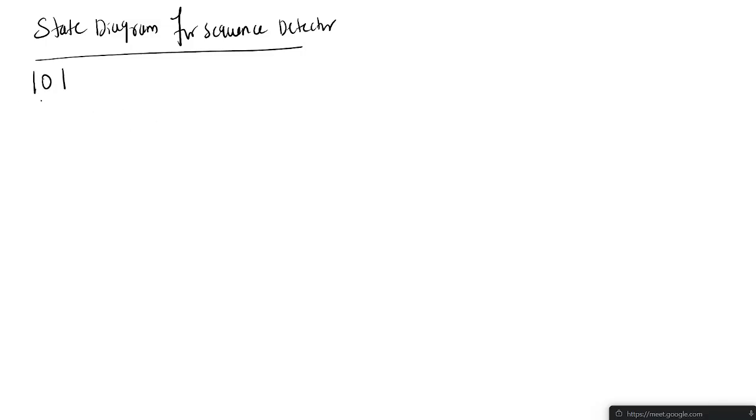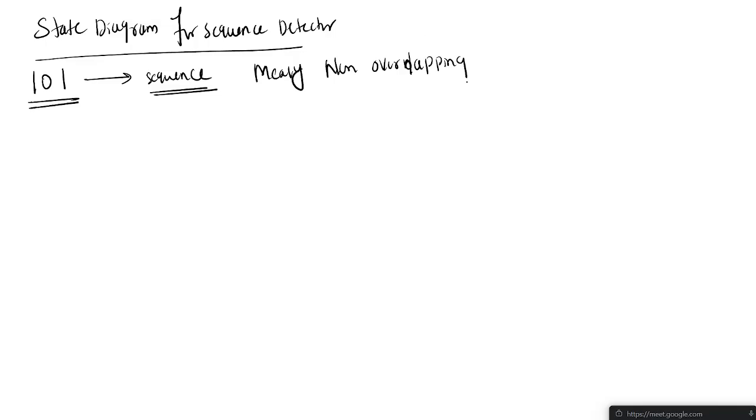Okay, so these steps I will tell you, don't worry. So this is 101. I am detecting this 101 sequence. First I am designing for Mealy non-overlapping. When you design this Mealy non-overlapping, how many states are there for Mealy? 3 states, no?